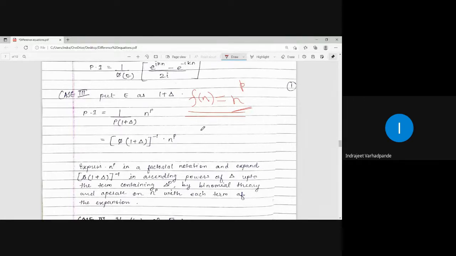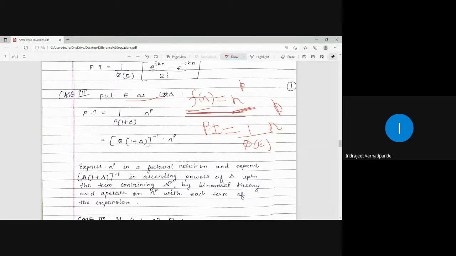So in the calculation of case number 3, where the RHS of the given difference equation f of n is n to the power p, what is the first thing you have to do? PI is equal to 1 upon phi of E to be operated on n to the power p. This is the definition.